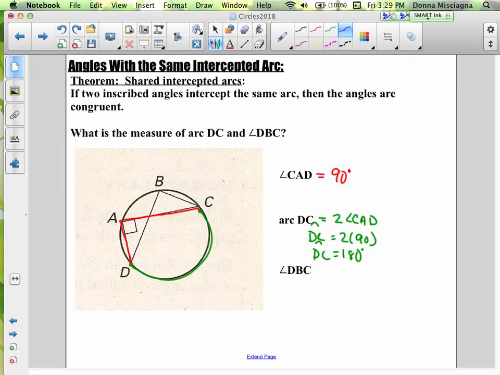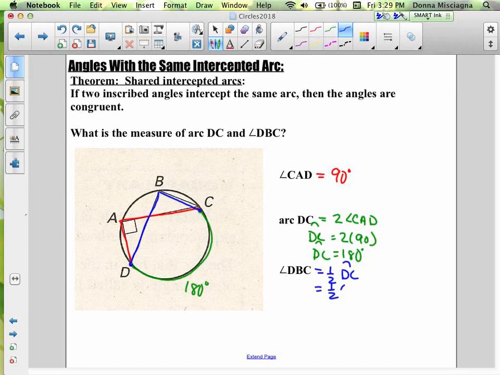And then let's do the last one, angle DBC. There's two ways you can think of it. One, here's our angle, there's the endpoint. So the green arc, arc CD, is the intercepted arc for angle DBC. That means angle DBC is equal to 1/2 of arc DC.